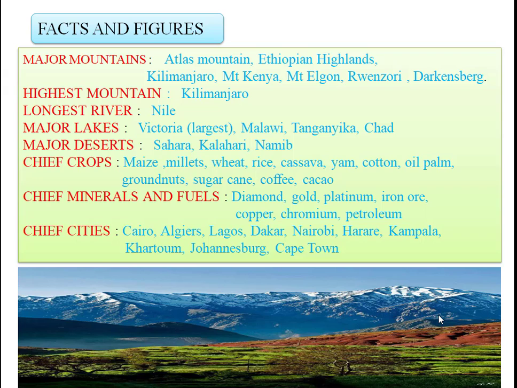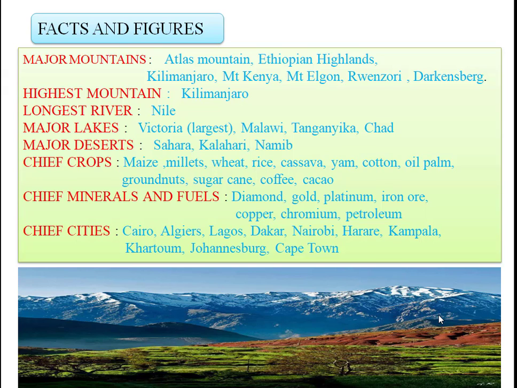In this slide you are going to learn about the facts and figures. Major mountains: Atlas Mountain, Ethiopian Highlands, Kilimanjaro, Mount Kenya, Mount Elgon, Mount Rwenzori, and Drakensberg.